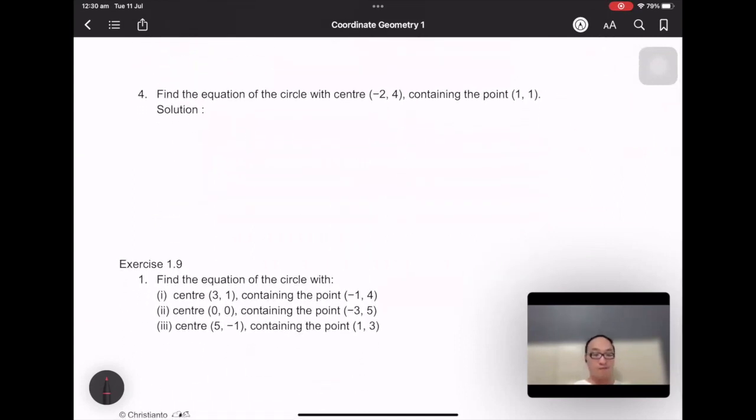Four. Find the equation of the circle with center (-2, 4) containing the point (1, 1). That means it's on the circle. So this is the center, (-2, 4), and this is the coordinate (1, 1). So find the radius again, Pythagorean theorem. So 1 minus -2 squared plus 1 minus 4 squared.